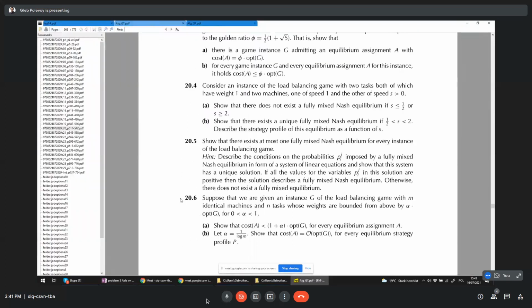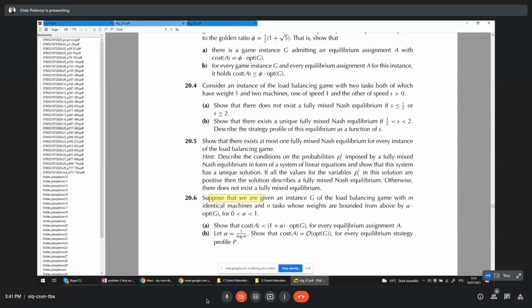So let's solve that. Suppose we are given an instance of the load balancing game with m identical machines and n tasks whose weights are bounded from above.